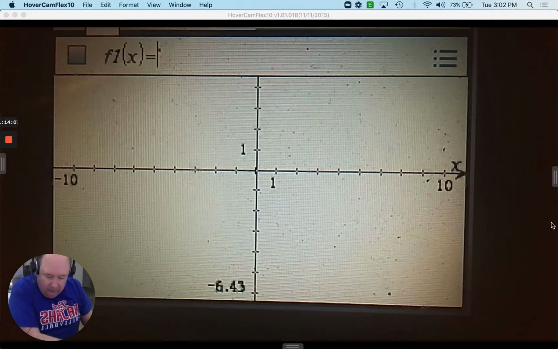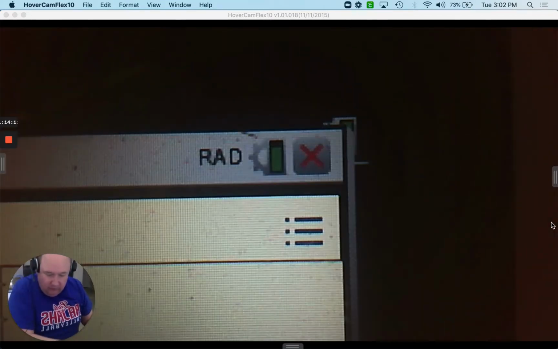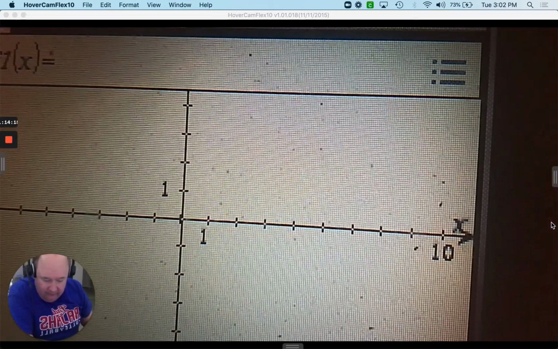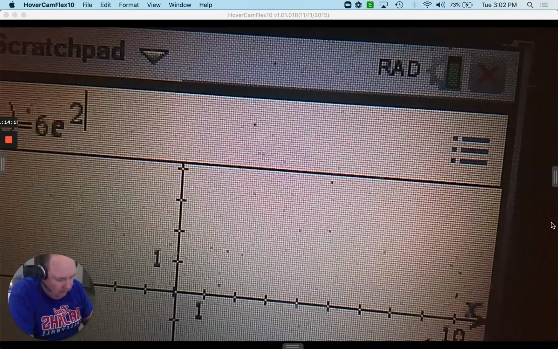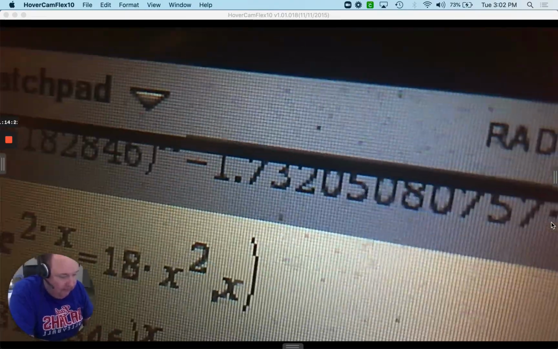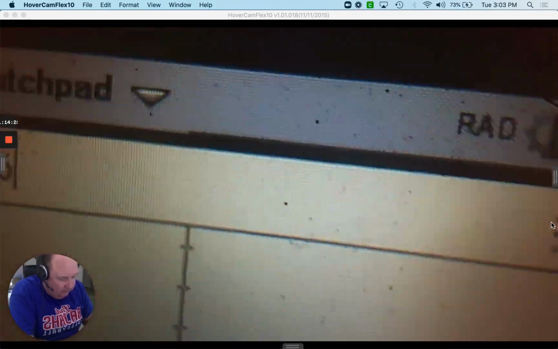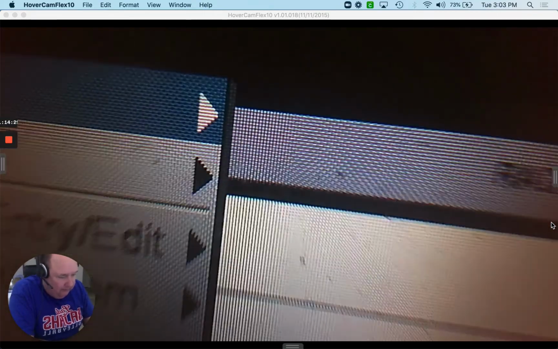So the first graph, again, is the derivative, which we just said was 6e to the 2x. Did I do the wrong e? No, I did the right e. All right. So 6e to the 2x. We're going to graph it.